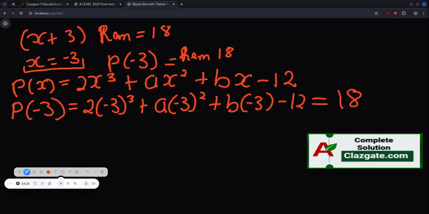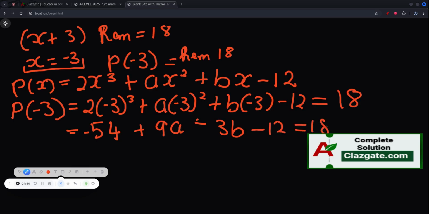is equal to 18. We have that already. So this would be negative 54, plus negative 3 squared is 9, that's 9a, then minus 3b minus 12 is equal to 18.